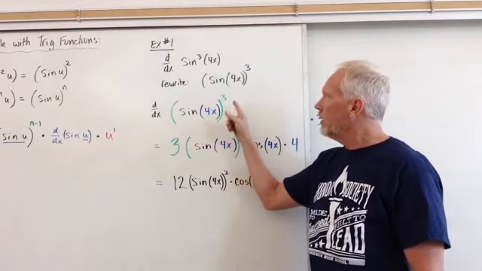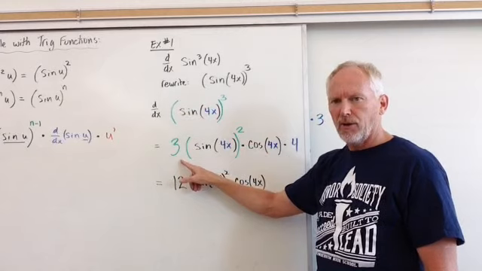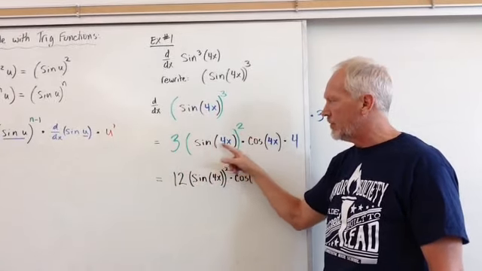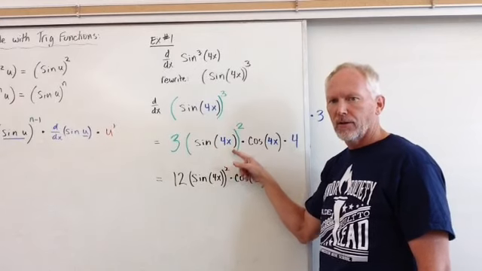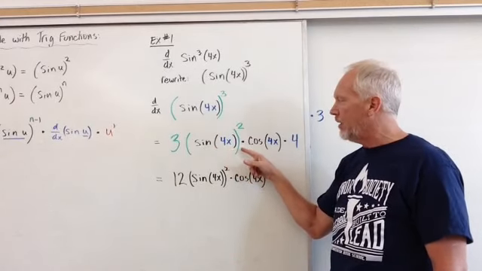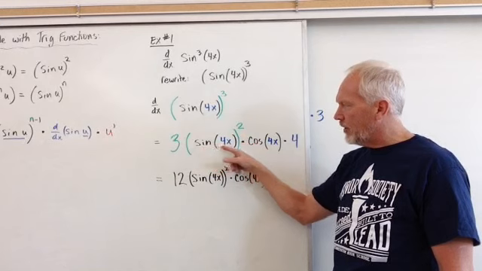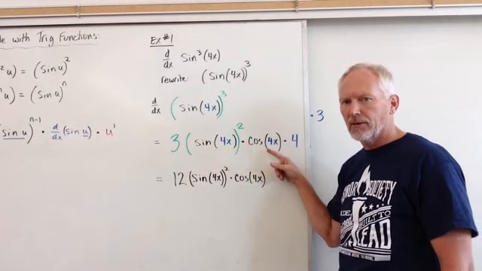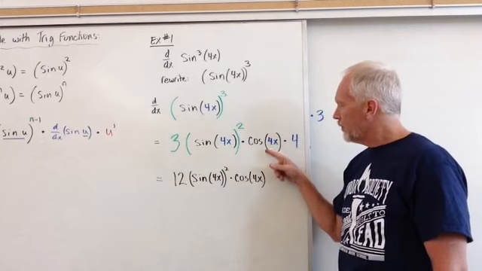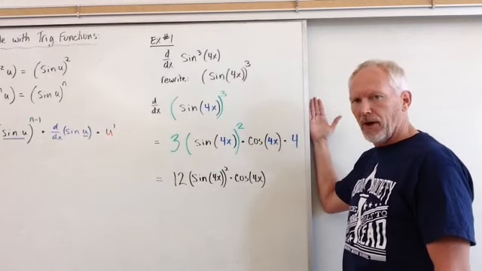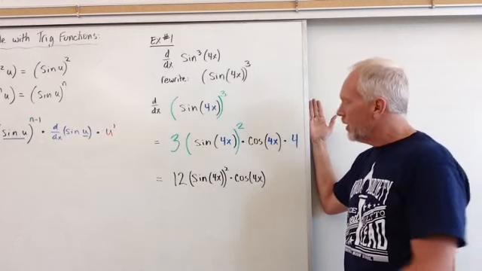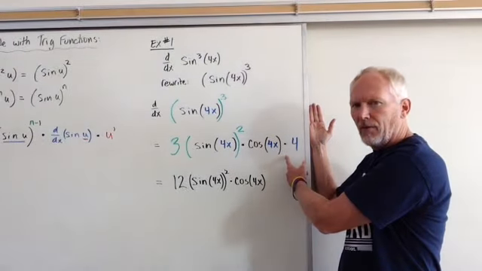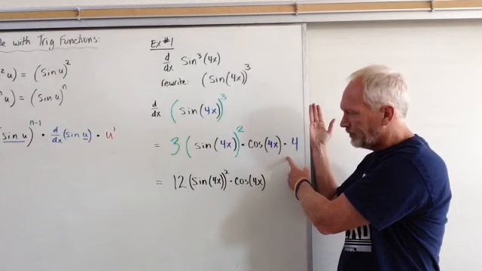So we bring the 3 down. Here's the big 3. We reduce the power. The inside stays the same, sine of 4x. Okay? We multiply that by the derivative of the inside. Well, the derivative of sine is cosine. Okay? Then we take that 4x on the inside and we take the derivative of that, which is 4.